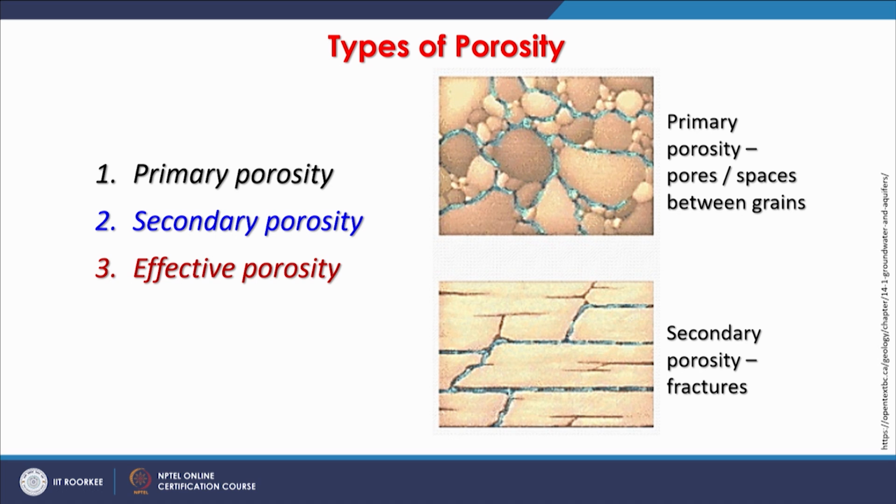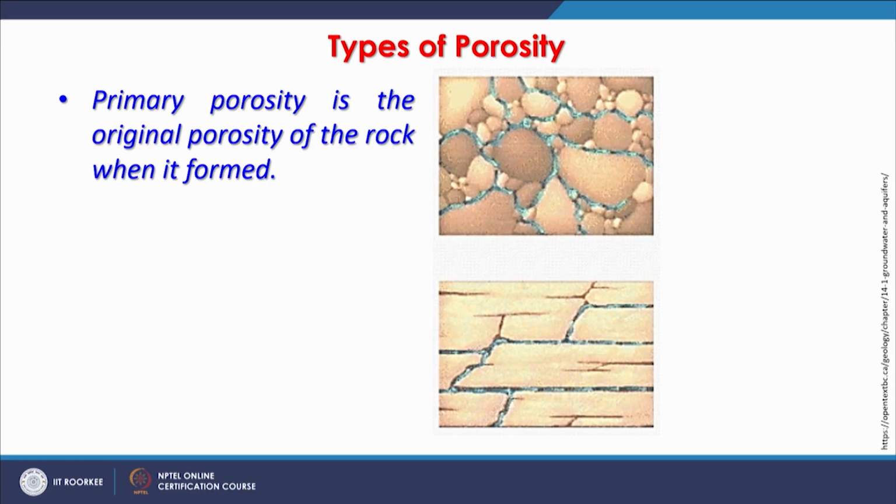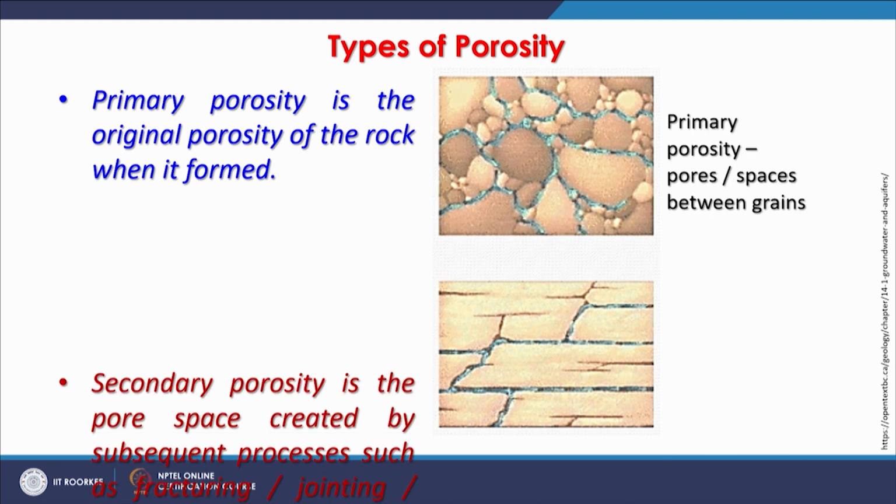That is, how much of it is really important from the flow point of view, and that kind of porosity we consider as effective porosity. So, we define these one by one with proper definitions. Primary porosity is the original porosity of the rock when it formed, which is why I said a genetic one.